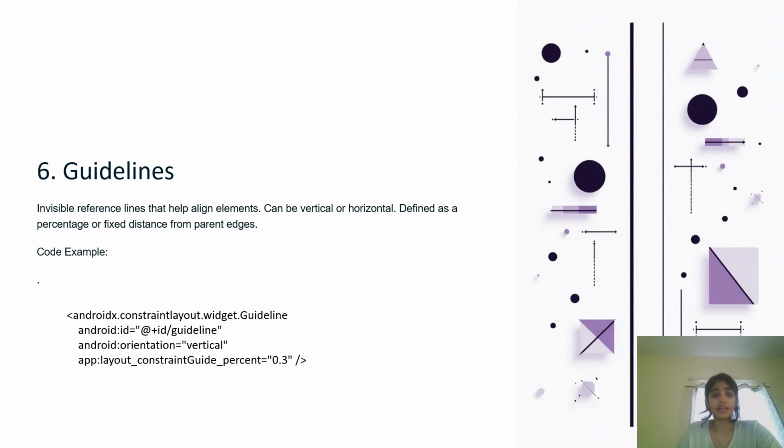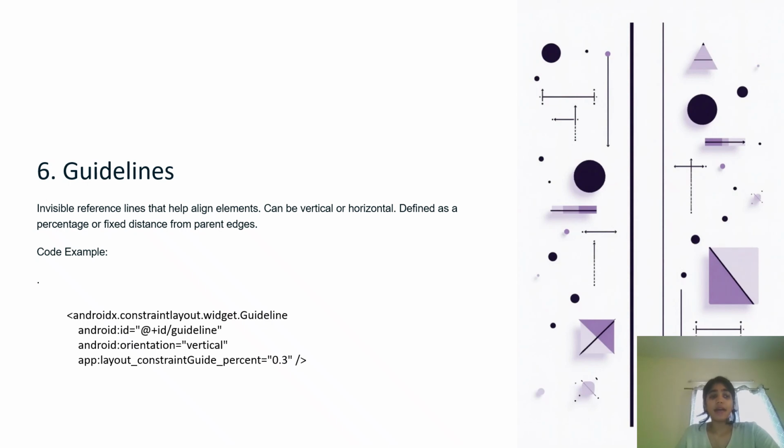In the code, we are going to do a step-by-step explanation of each line. As you know, Android constraint layout. This line declares a guideline element. Android ID gives the guideline a unique ID. You can reference this ID in the XML.